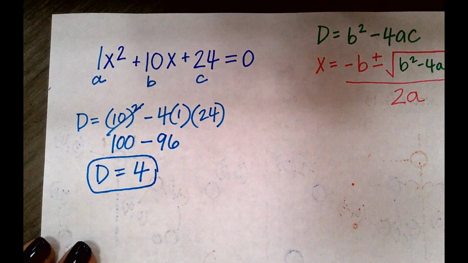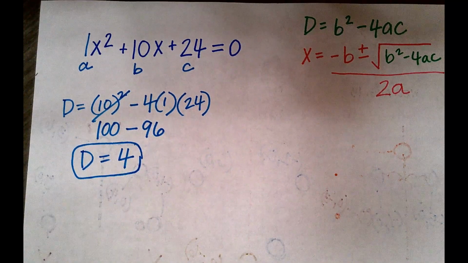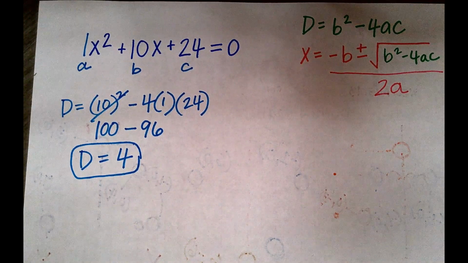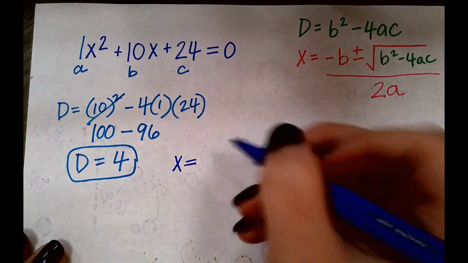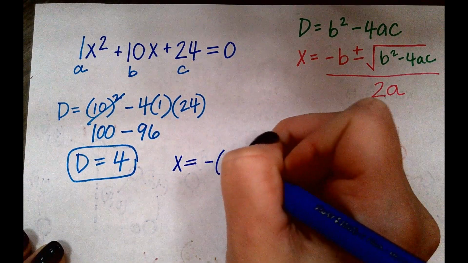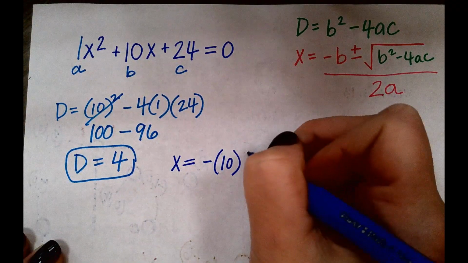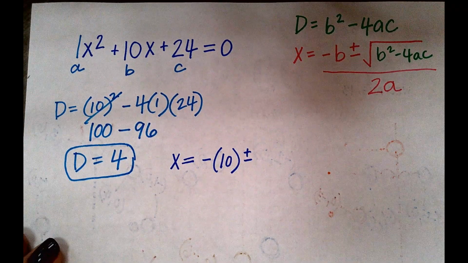Very good. All right. Now, who can tell me the next step? Who'd like to walk me through the next part of this problem? I can. Jessica, go ahead. You're gonna do x equals negative 10 plus or minus the square root of 4, which is 2.